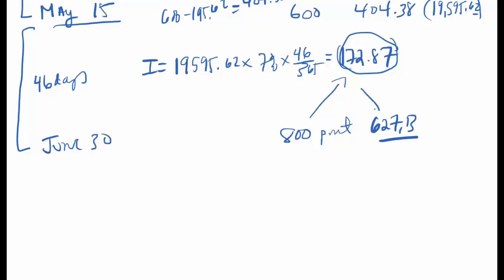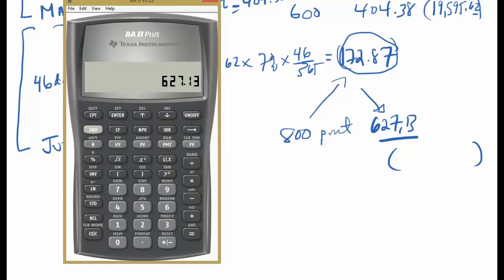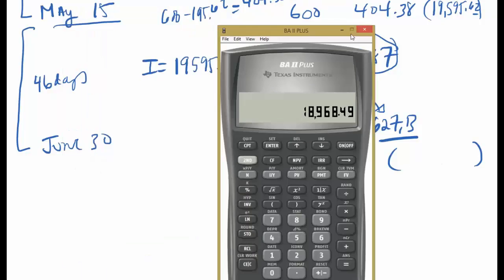So my new balance at this point is 19,595.62 minus 627.13, which equals 18,968.49.